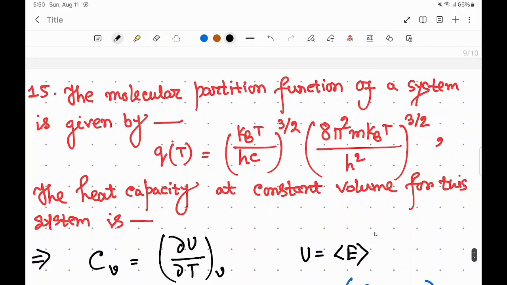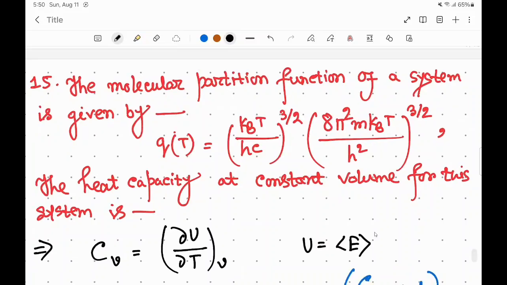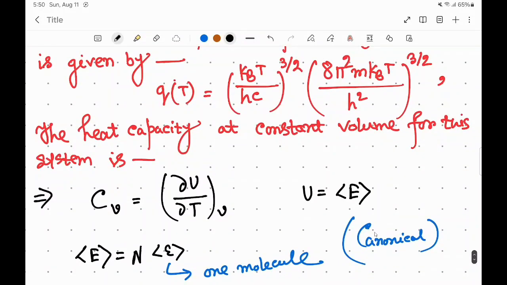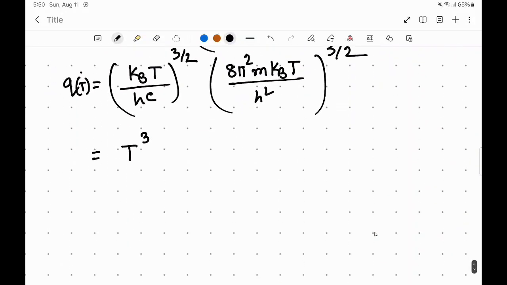(2 pi m k_B T by h squared) whole to the power 3 by 2, no, this is not for translational. Who said this is for translation? This is the total partition function, and the total partition function is the product of all partition functions, maybe q rotational times q vibrational times q translational, and after taking approximation this partition function appears. The part k_B T by hc appears in the vibrational partition function, so probably they have taken the approximation, but this is given to you.